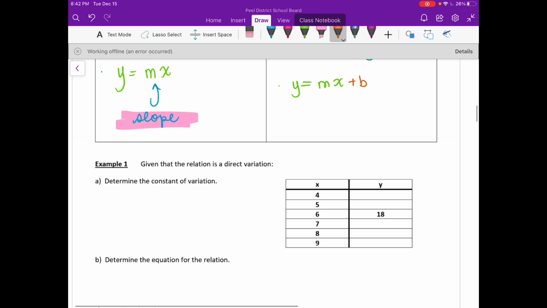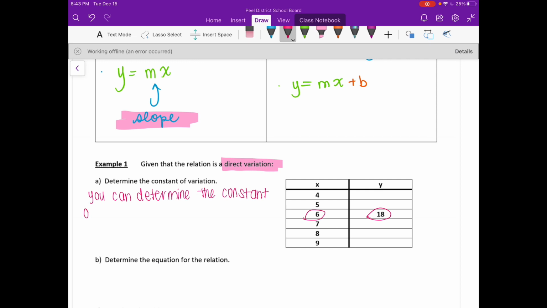If we're given a relationship that is a direct variation, it's not going to have that b value. So we can find the slope by doing y divided by x, which determines the constant of the variation, or the slope.